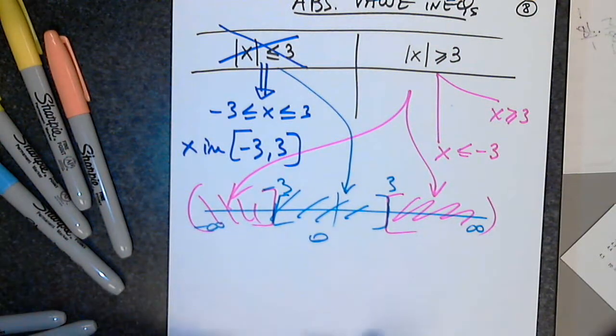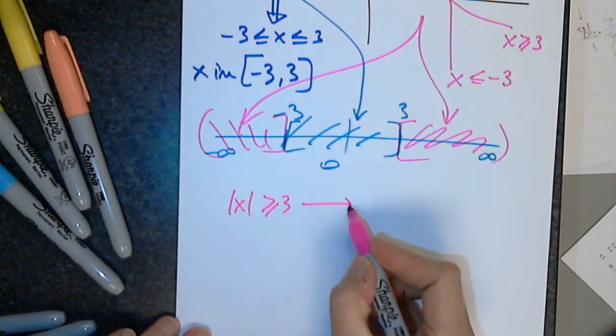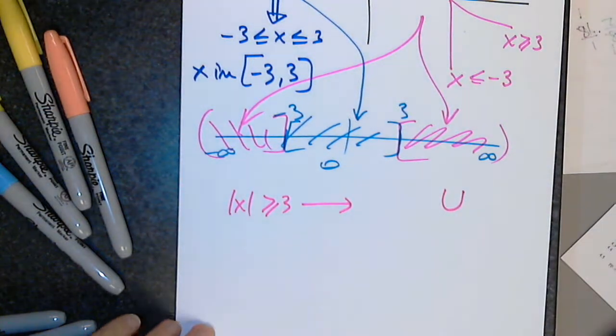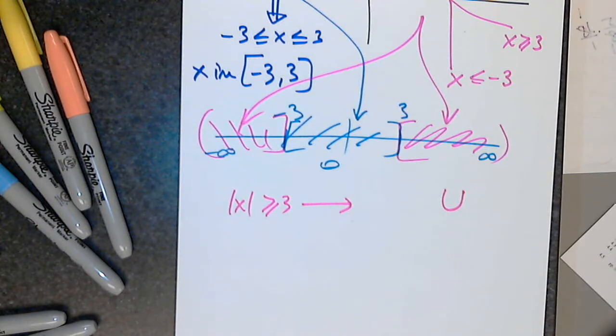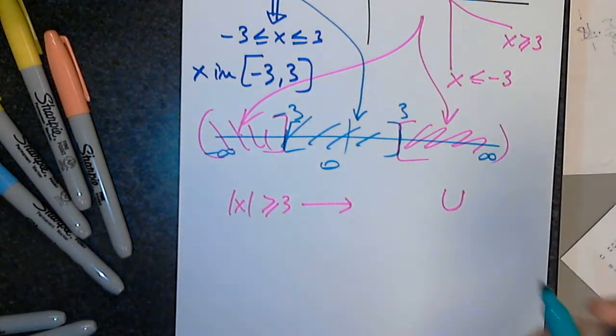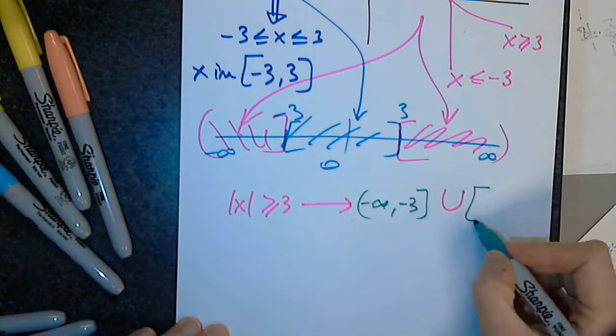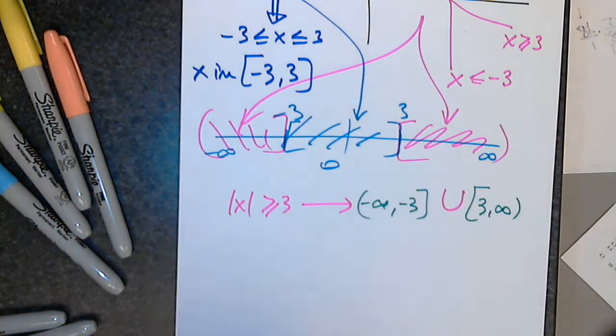This is more difficult because it will always have the union. I can't put these two pieces together without having the union symbol in between. So I have this side, which is -infinity to -3, and this side, which is 3 to infinity. So that is the difference between the two.